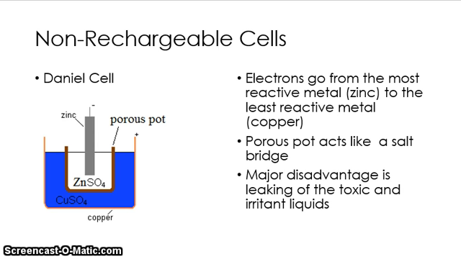The electrons go from the most reactive metal, which is zinc, to the least reactive metal, copper, and this causes a current to flow. Now the major disadvantage of the Daniell cell is that the liquids can leak, and because they are toxic and irritant, this is obviously a bad thing.